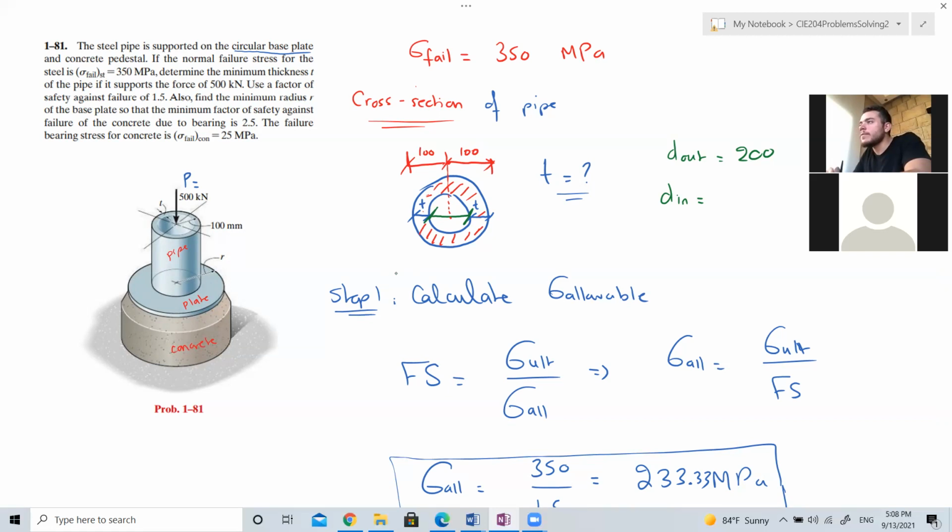Okay, I need to express it as a function of t. If this whole distance is 200 and this is t and this is t, what is this? Divide by 4? No, wrong. It's the total distance, Hassan, which is 200 minus what?